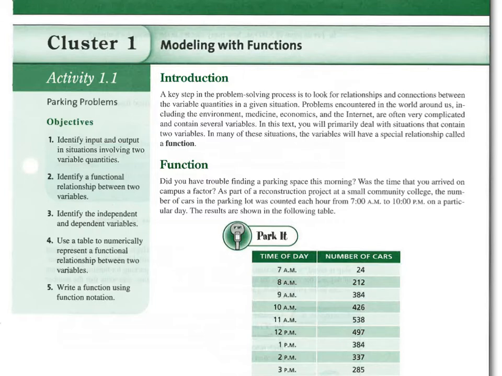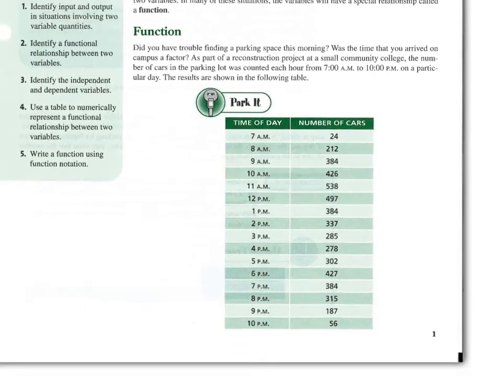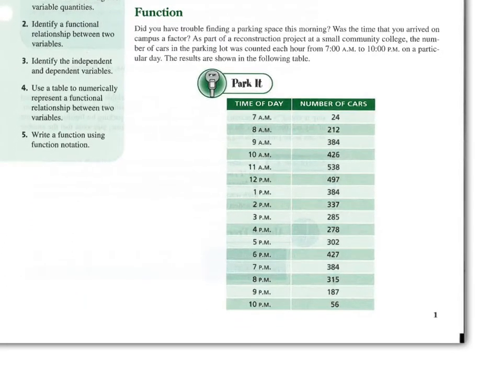So we have a set of data right here, with a list of the time of day and the number of cars in a parking lot. Each slide in this, I'm going to switch slides, and that will be the next page of your activity.